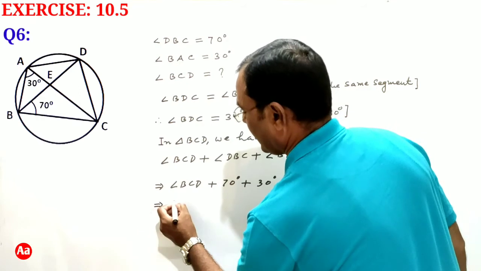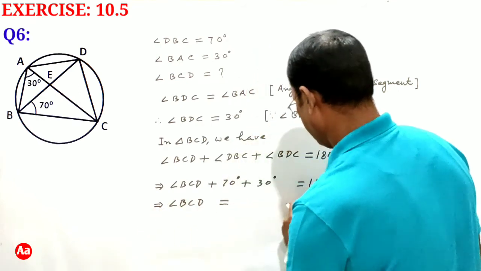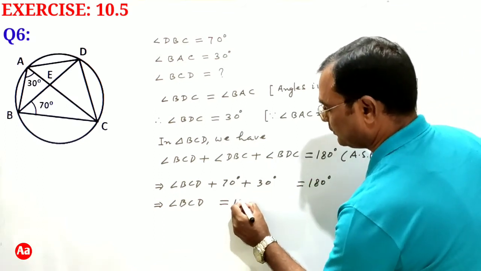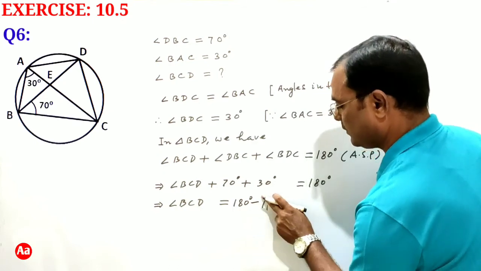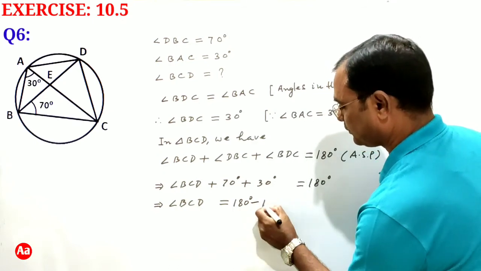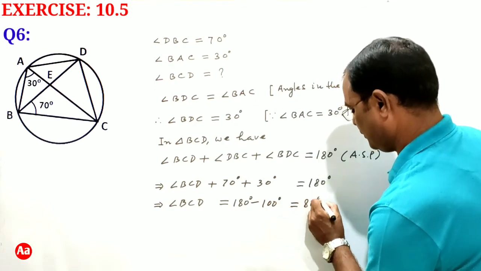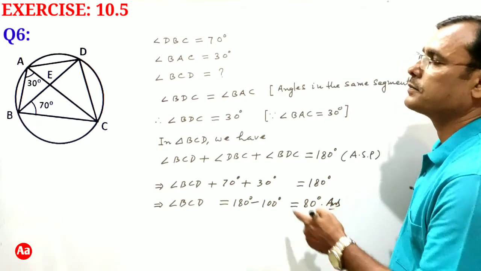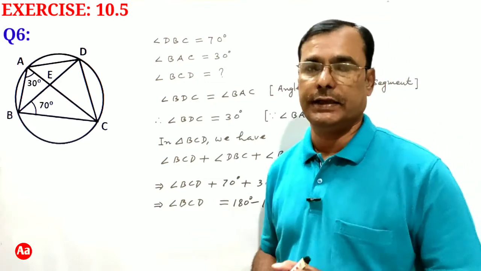So angle BCD is equal to 180 minus 100 degrees, equal to 80 degrees. So one answer is this. Angle BCD we have got equal to 80 degrees.